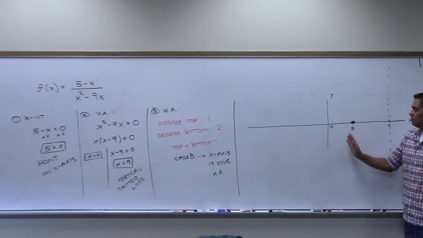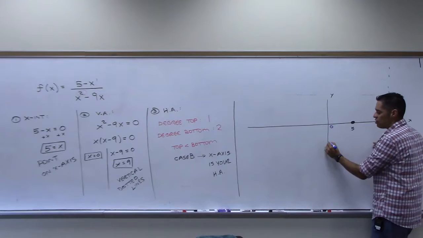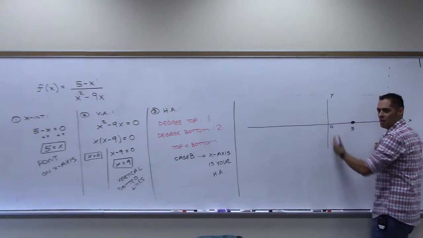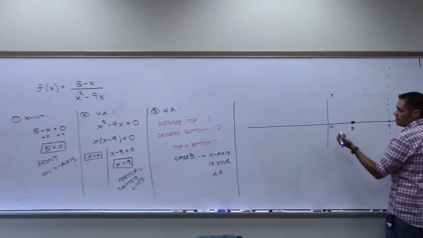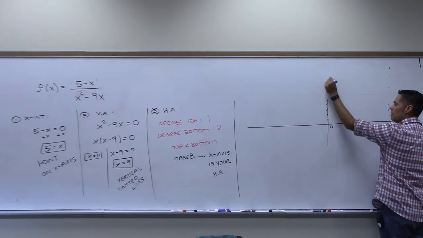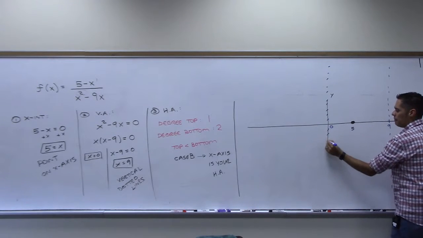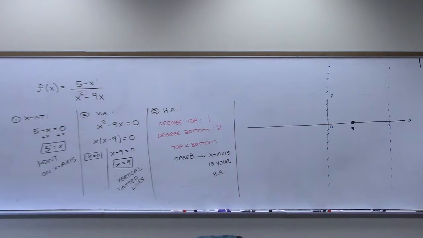Students in the past have asked me, how am I going to put a dashed line on top of a solid line? This is what my students have done in the past, and I kind of like it. They just do little diagonal dashes instead. It works, you can still see it. Okay, there's my barrier.